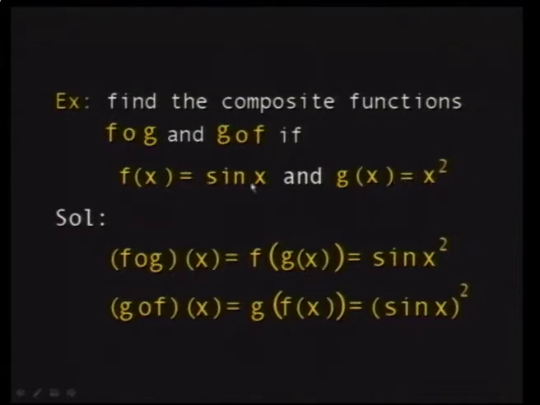In this problem, we see that there is no problem here, because the sine function has domain R, and g of x is also x squared. And the range of f of x is from minus 1 to 1 and lies in the domain of x squared.